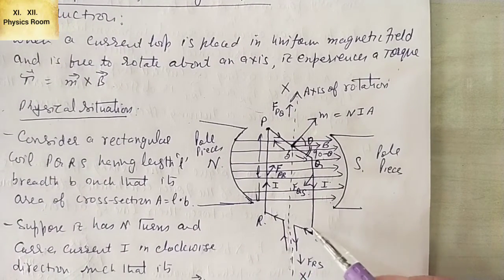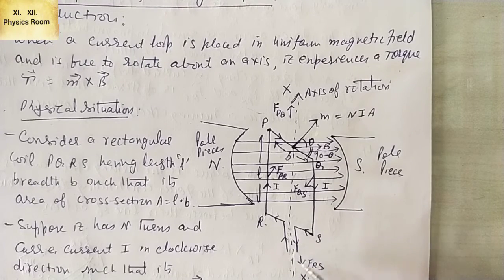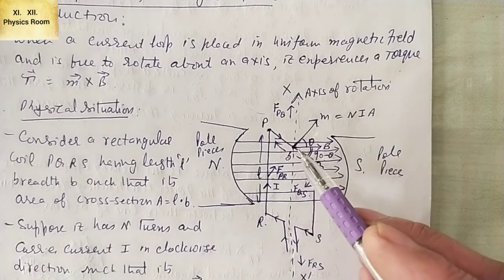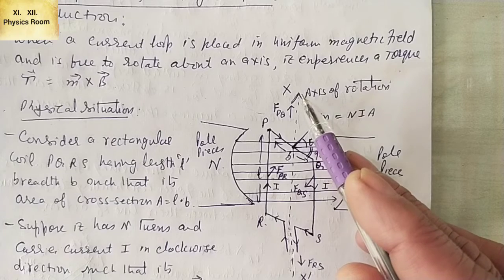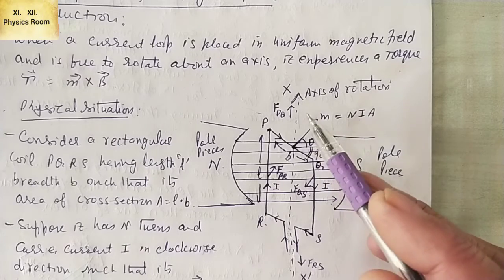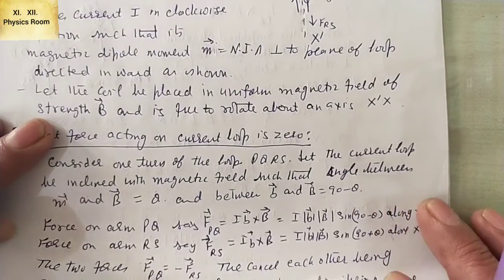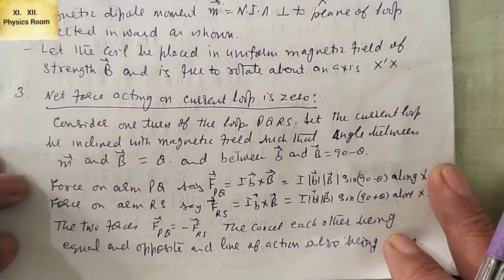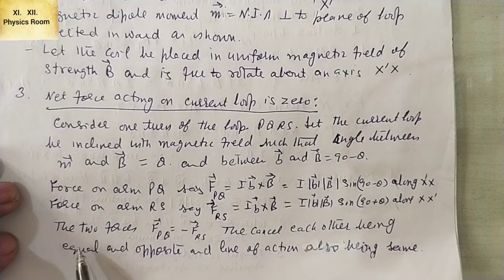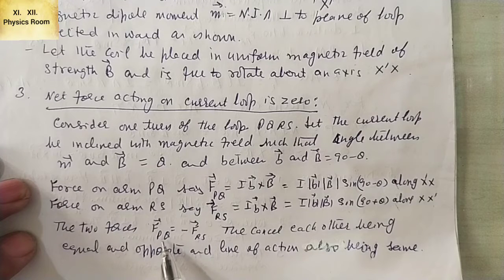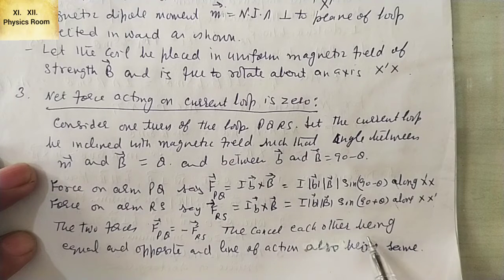Force on this arm will be along x dash, and force on this arm will be along x dash x. So both are equal in magnitude, opposite in direction, and line of action is same. Therefore the two forces cancel each other: FPQ is equal to minus FRS.